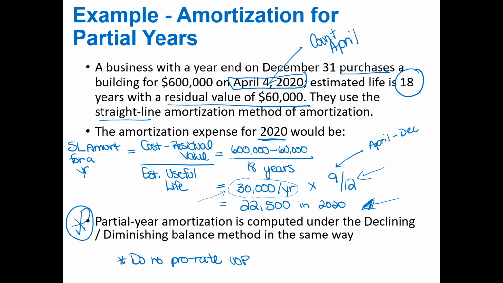I'm just going to say UOP, units of production, for partial years. Because when we're calculating units of production amortization, we're not using the number of years. We're using the estimated units of production over its life. So therefore, we don't have to prorate when it's a partial year, because we're not basing our calculation on that anyway.